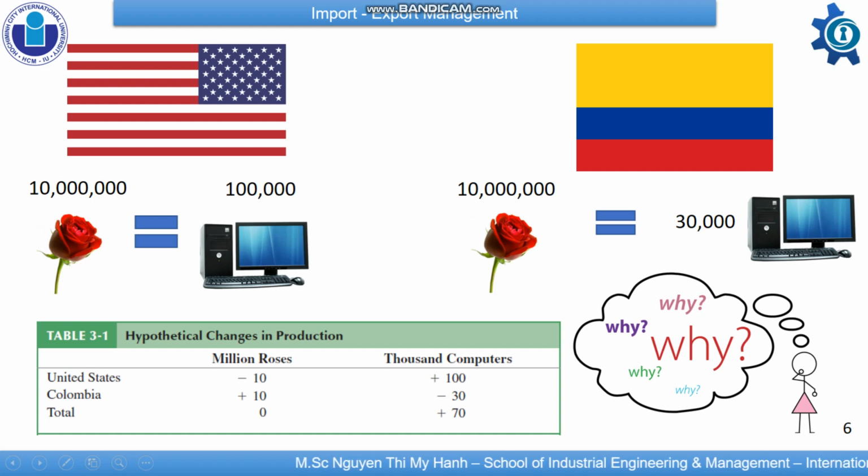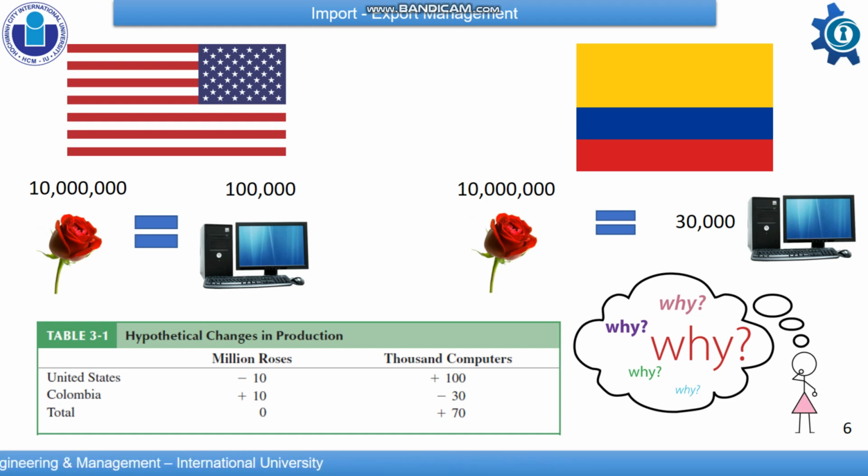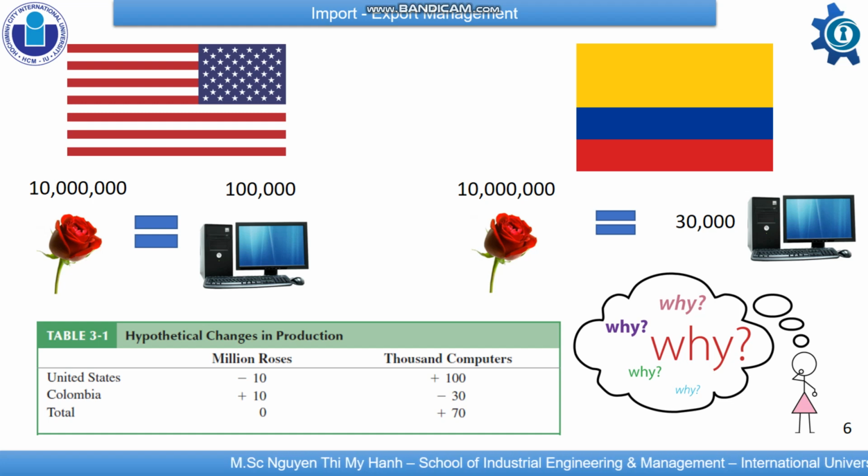To satisfy the demand for roses, the US has to spend a lot of money to grow roses, and since it's winter, the cost for growing 10 million roses is equal to the cost of producing 100,000 computers.